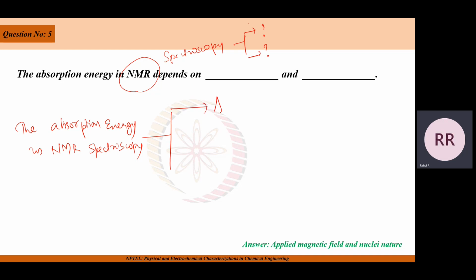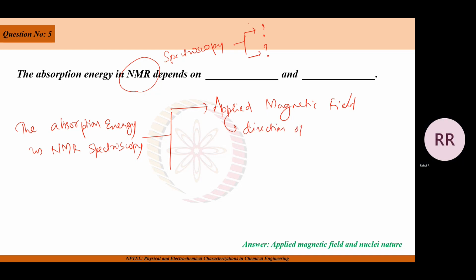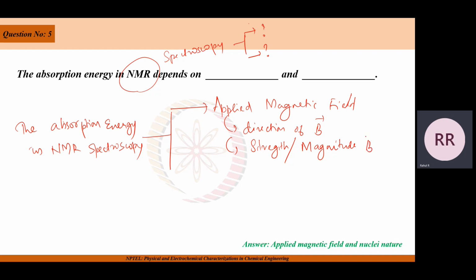One is the applied magnetic field, which includes the direction of the magnetic field, or maybe the strength, or the magnitude of the magnetic field, etc.